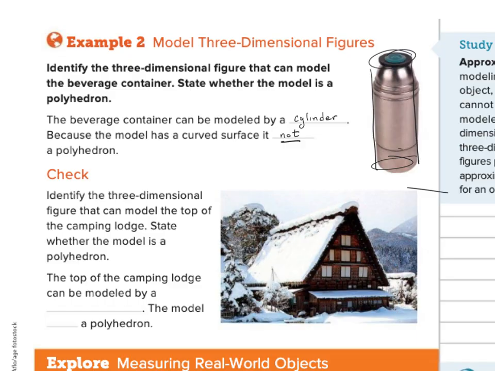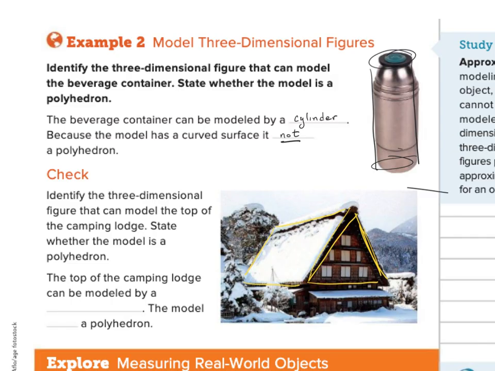And then it says, identify the three-dimensional figure that can model the top of the camping lodge. Obviously, looking at this camping lodge, I have this triangle right here, and I could almost look at it and say that could be a triangular prism.